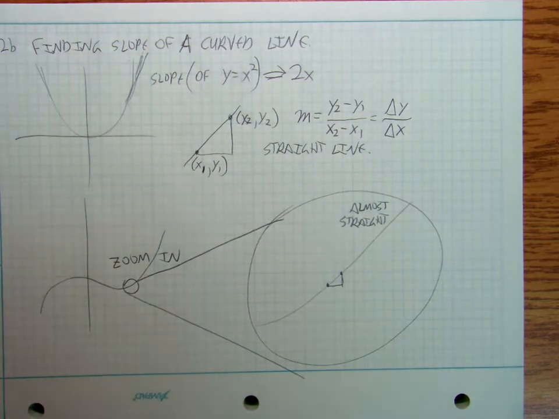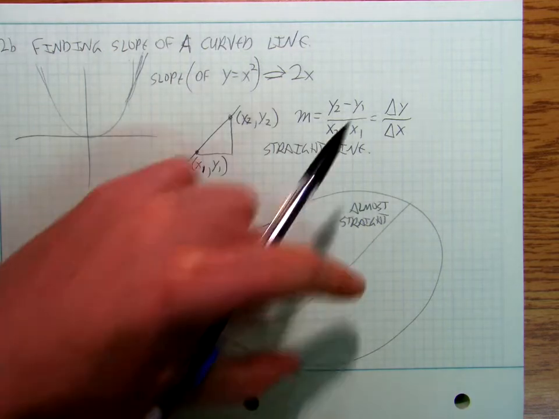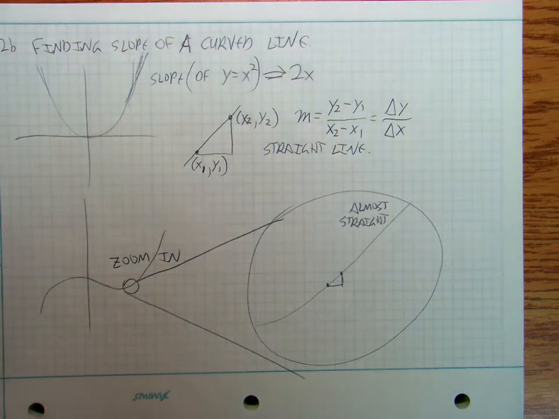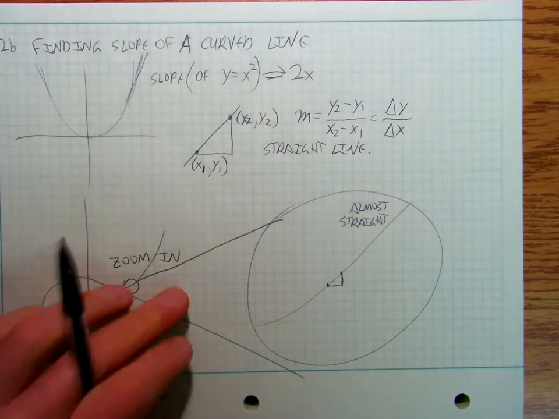And so then what Leibniz and Newton did that was controversial is they said, hey, let's zoom in infinitely far and get our points infinitely close together, and then we will get exactly what we're looking for.